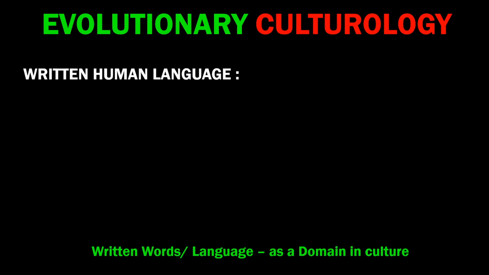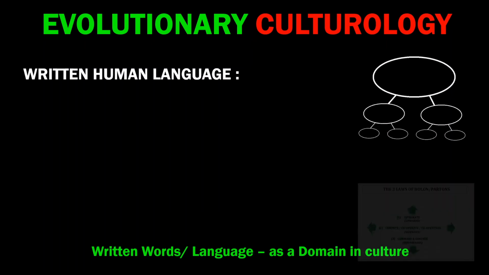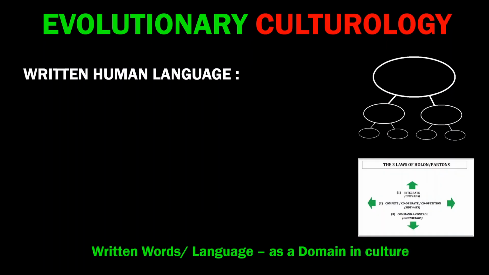One example is by analysing written human language, just as one case study, looking at the holon-partons. Down the bottom, the basic units of words are letters. So we can consider a single letter as a unit. That integrates upwards into a morpheme, which is part of a word.